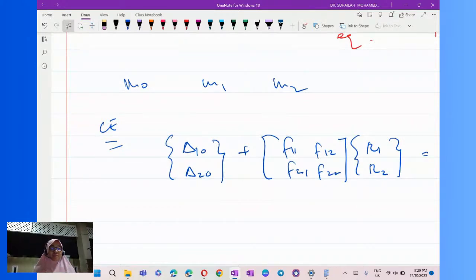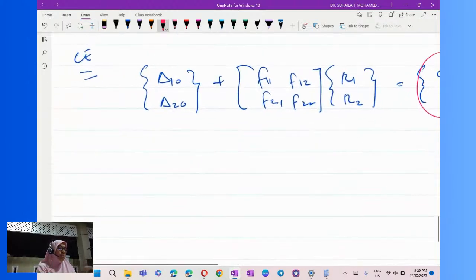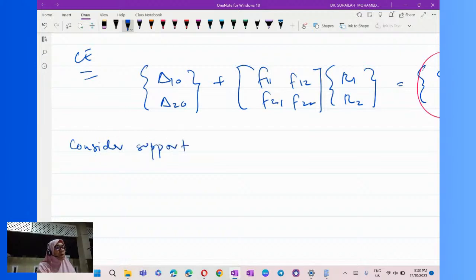If it is not given, then the compatibility equation equals 0. When there is support settlement mentioned in the question, you have to consider it and put it in the actual system.